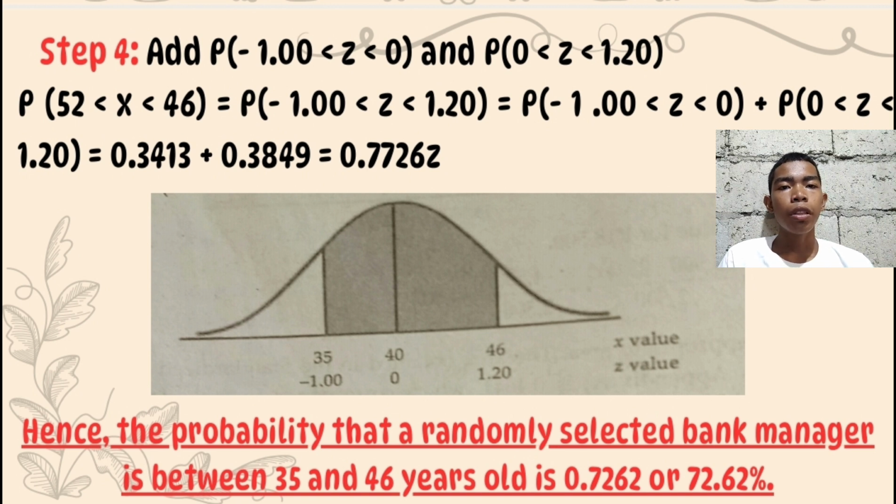So 0.3413 plus 0.3849 is equal to 0.7262. Hence the probability that a randomly selected bank manager is between 35 and 46 years old is 0.7262 or 72.62%.